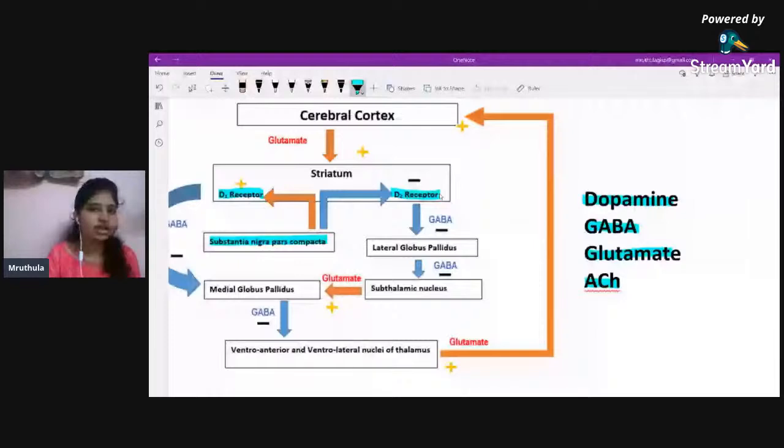Now you will tell me which part releases GABA. I'm marking the arrow marks here, and with that you have to tell me which structure here is releasing GABA.